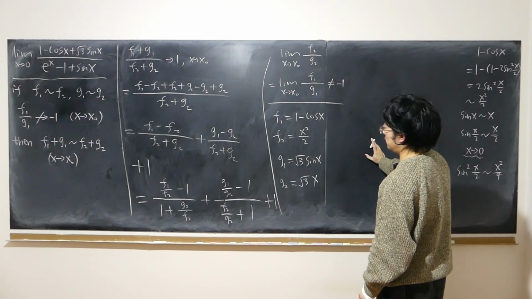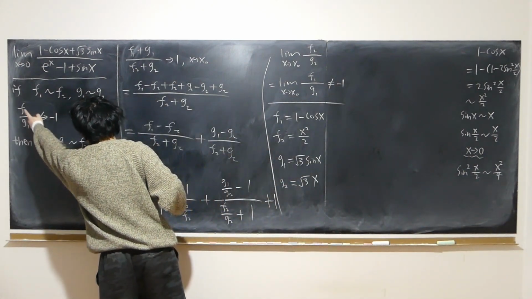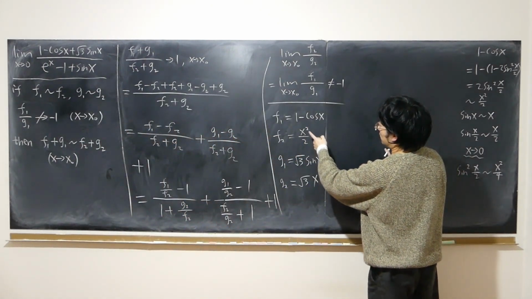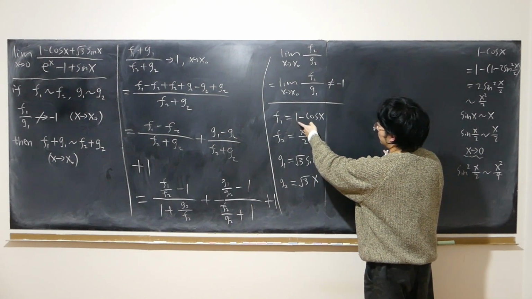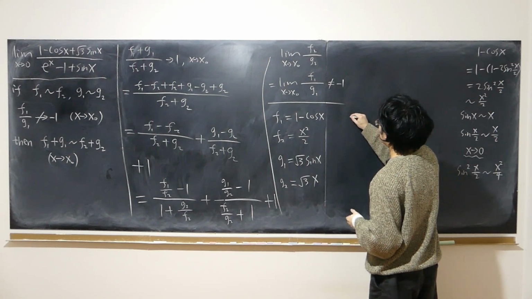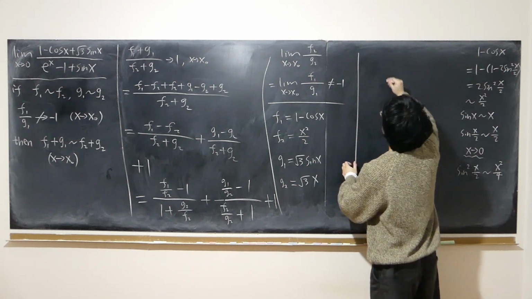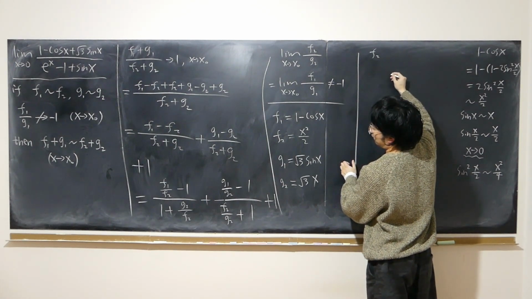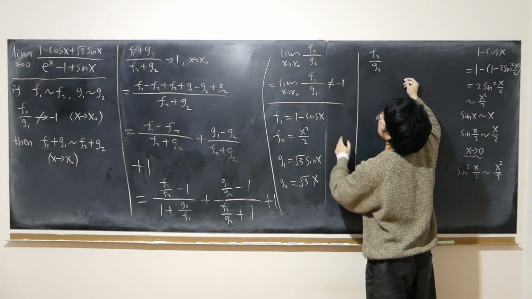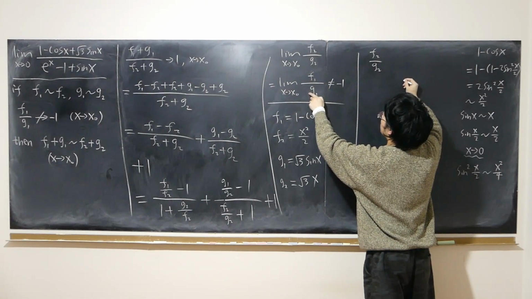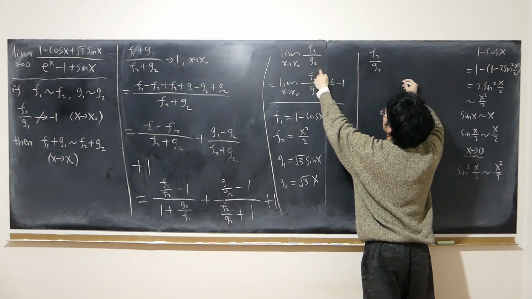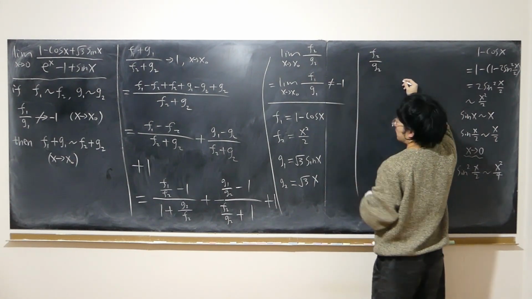So therefore I have to verify that f1 over g1 does not approach negative 1. With equivalent substitution, all I have to do is work out f2 over g2.